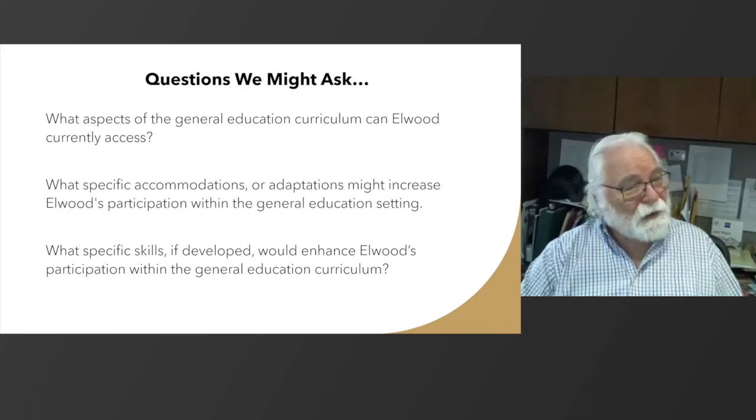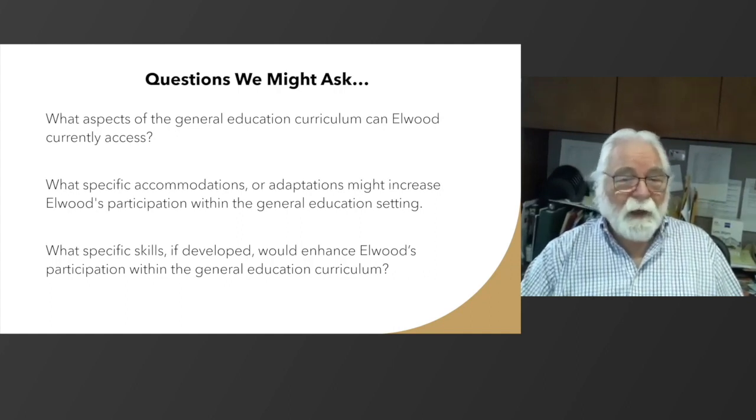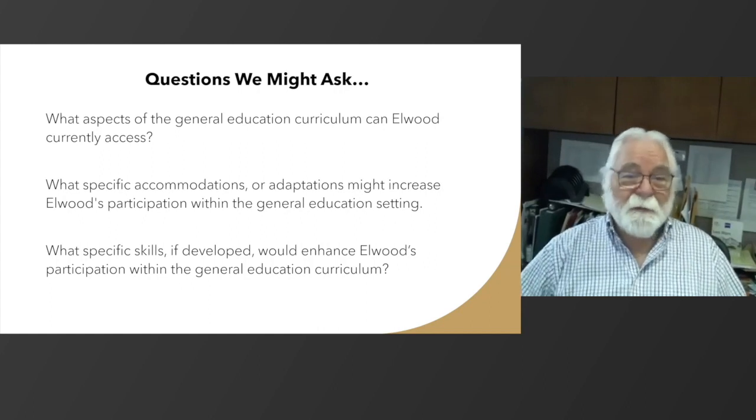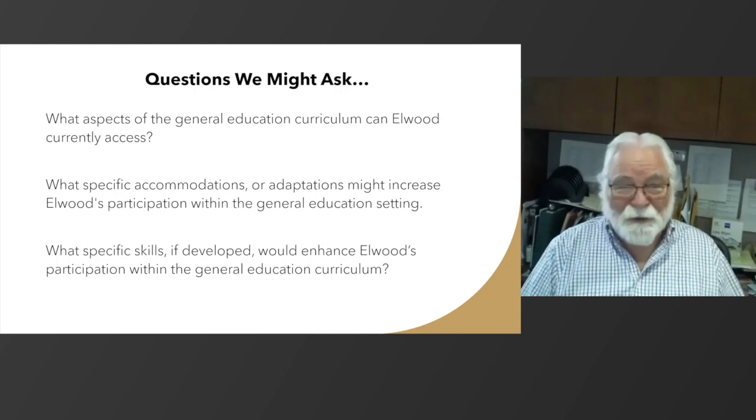Now, this is an interesting one. This doesn't necessarily have to be an academic skill. What if Elwood is someone who screams every time something happens that he's not happy with, and he tends to scream at a high rate?